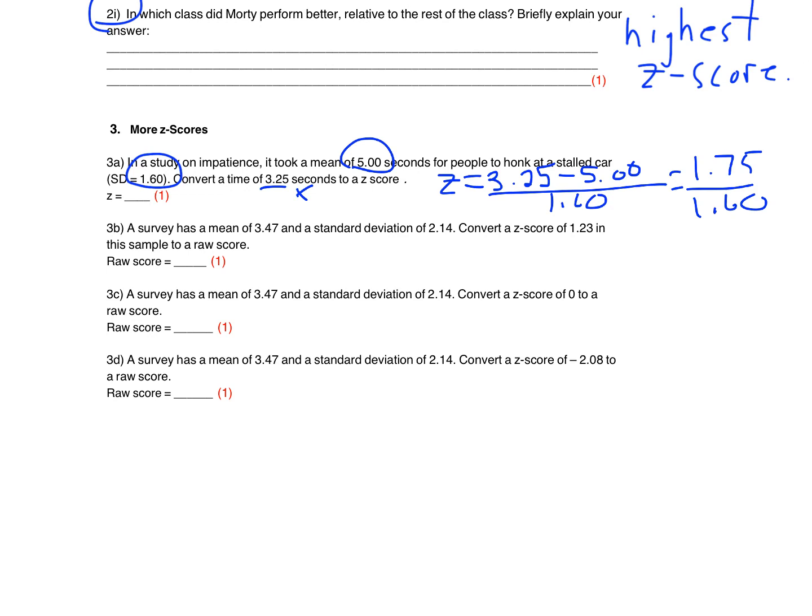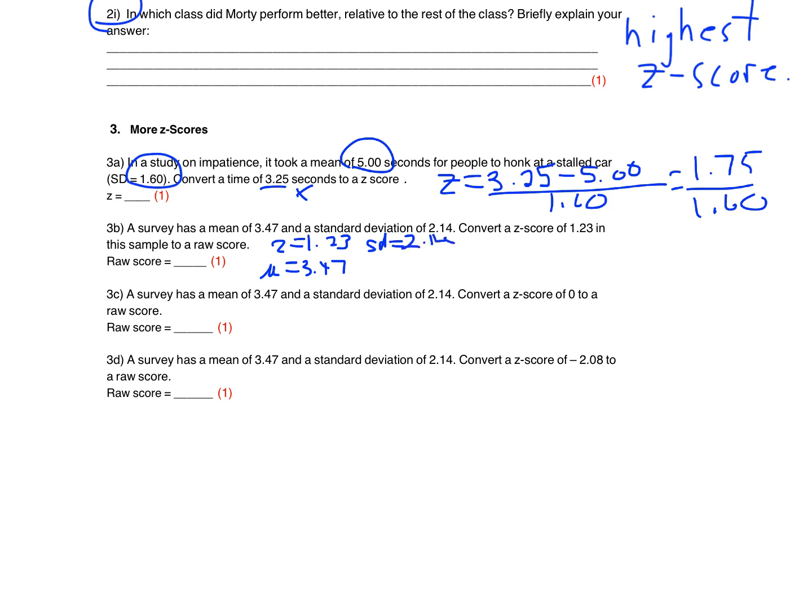Okay, for the next one, not the same thing. They're giving us the Z score, 1.23, and they're giving us the mean, which is 3.47, and our standard deviation of 2.14.